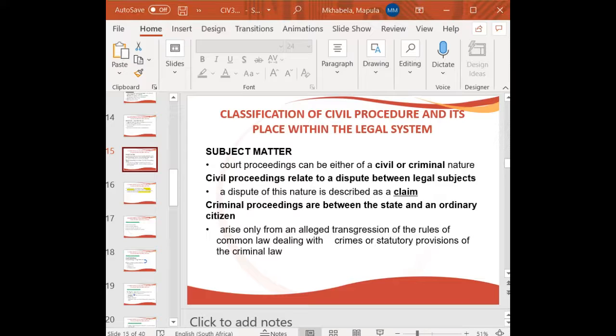For example, we speak of claims for damages arising out of breach of contract or delict, a claim for goods sold and delivered that the purchaser refuses to pay for despite constant demand, or even a claim against the state, as in the case of unlawful arrest.